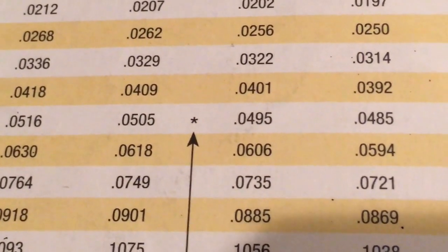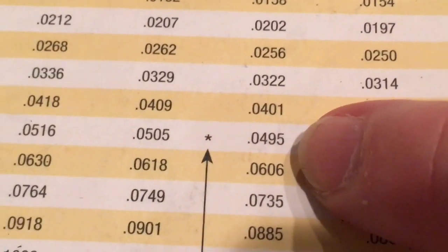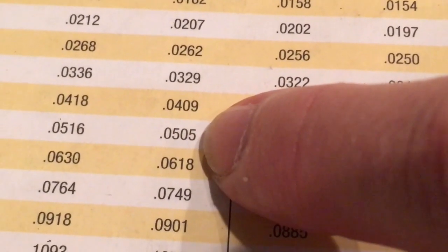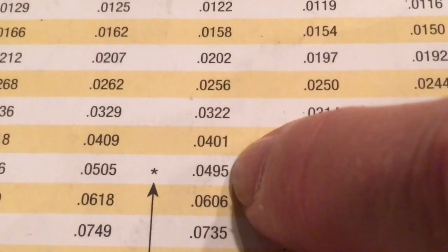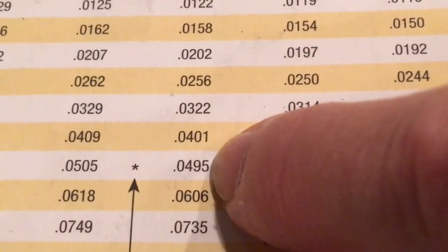If we go to our chart, we can see 0.0495, 0.0505, and our desired left tail is right between them. And if we moved all the way to the left, we'd get negative 1.6.